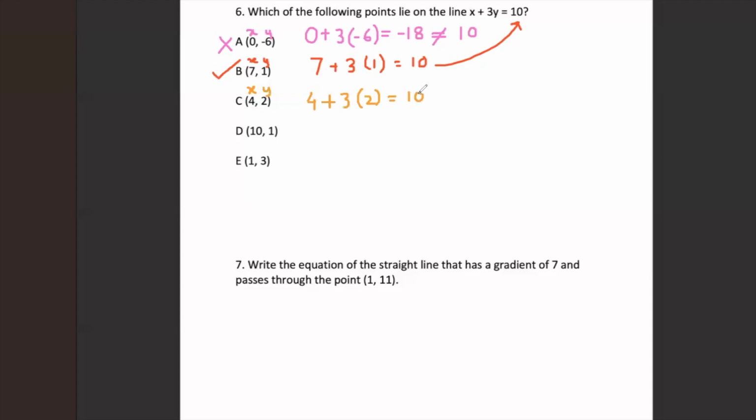So this point also satisfies this equation because we got a 10 here. So this point also lies on the line x plus 3y equals 10.